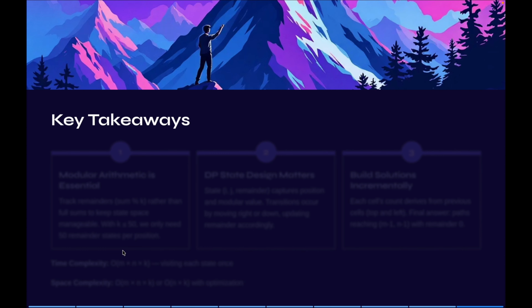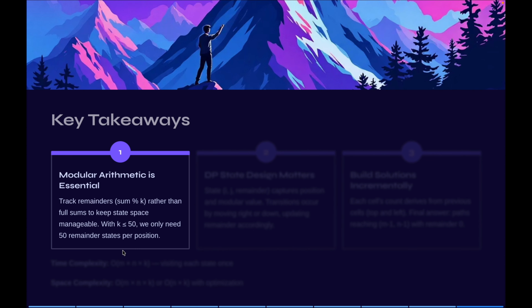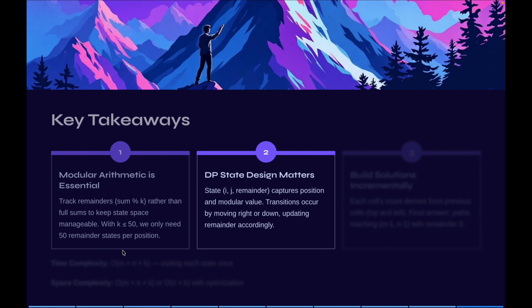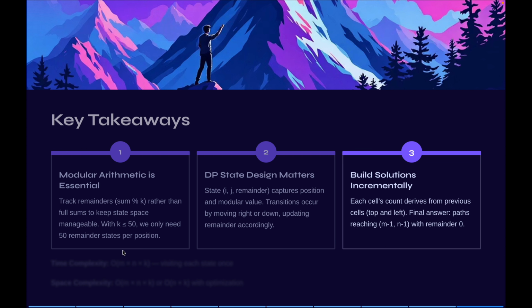So what is the takeaway we have here? The question we have been given is based on modular arithmetic, which is very essential. So you need to know how to find the remainder. Very first is to track the remainder, sum modulo k, it will give the remainder and you have to track it, right? Then the dp state matters: i, j and remainder, and you have to build the solution incrementally.